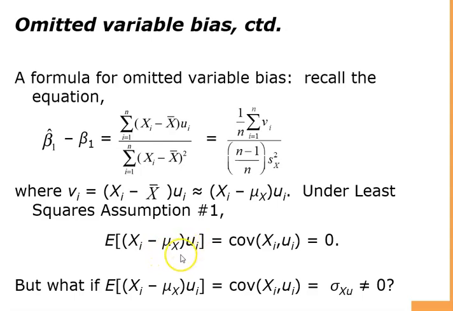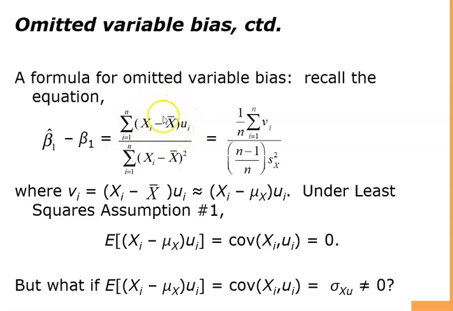So we're basically looking at the covariance between x and u. This expectation over here boils down to the covariance of x and u, and if the covariance between x and u is equal to 0, this would mean that this numerator over here is actually equal to 0.